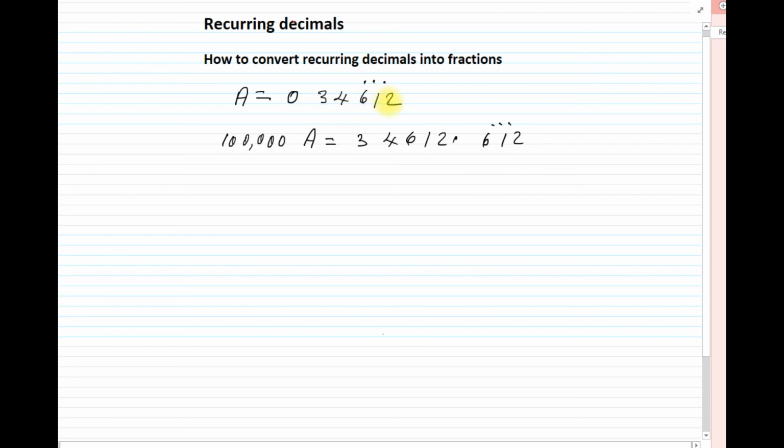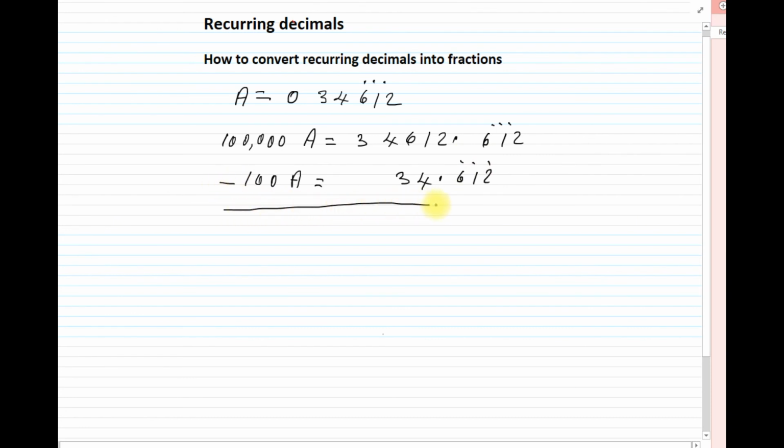Now I look at how many non-recurring digits I have. I have 2, which is 3 and 4. So I'll multiply by 100, get 100A, which is equal to 34.612 recurring.